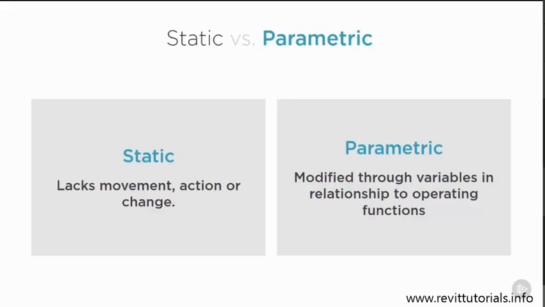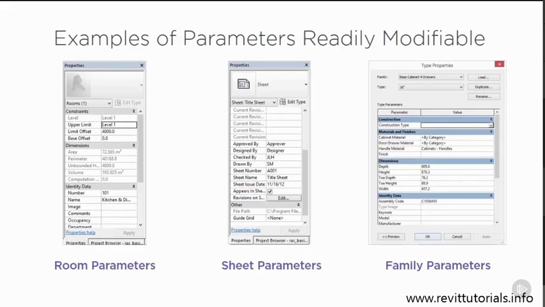In order to begin exploring Dynamo and the information that we can process into an algorithm, we have to first understand the types of information that it can read. In the Revit components, you have parameters that are built into your rooms, your sheets, your families, and these take different forms.